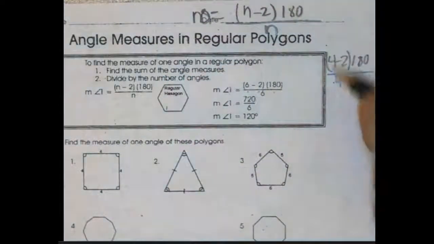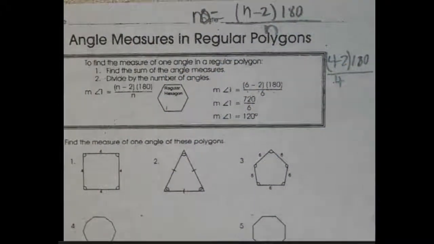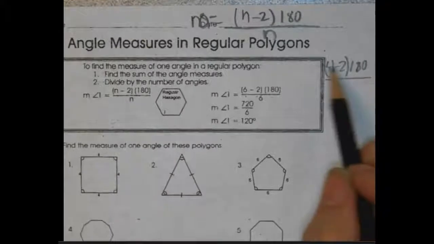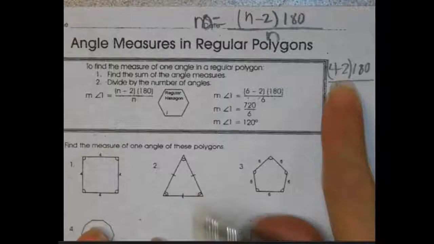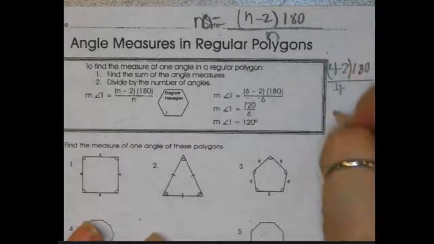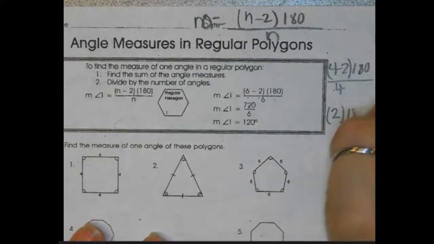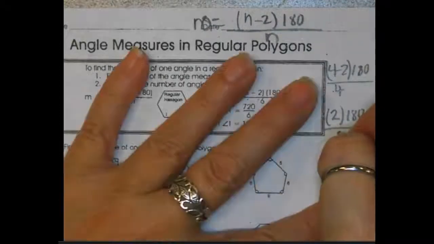Now, can I just cancel these out? I cannot. The reason I cannot is because they're still inside this parentheses. So I have to take care of that parentheses first. So 4 minus 2 becomes 2, times 180 divided by 4.